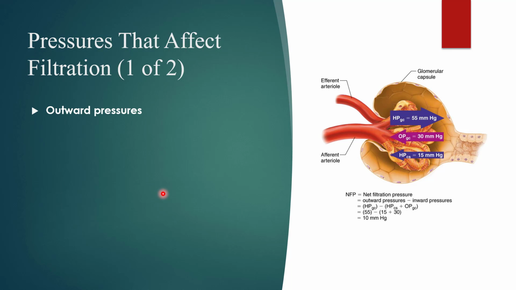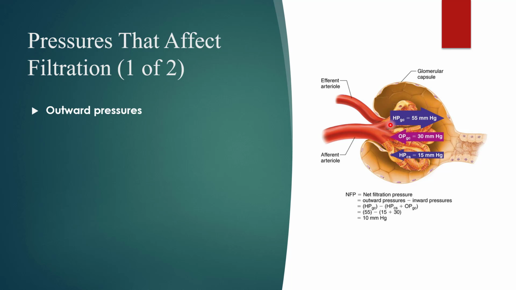What are the interacting forces, which are the interacting pressures that are affecting the movement of filtrate in and out of the glomerulus? Well, the outward force is the one going into the capsular space.